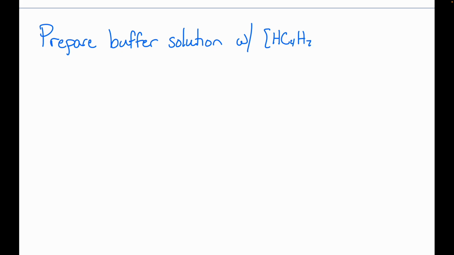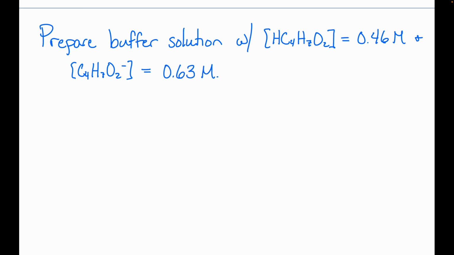All right, we're going to prepare a buffer solution with a concentration of our butanoic acid equal to 0.6 molar, and our concentration of its conjugate base equal to 0.3 molar.